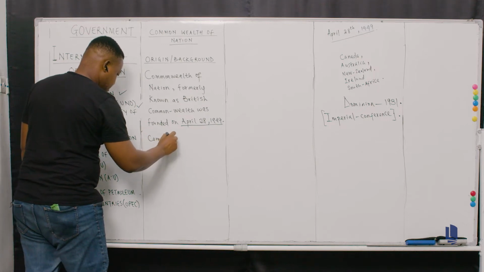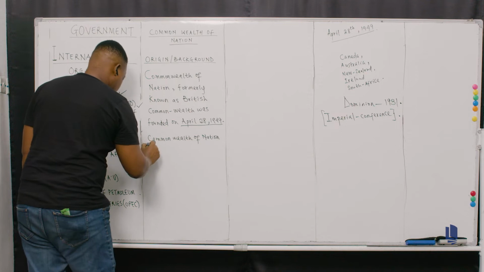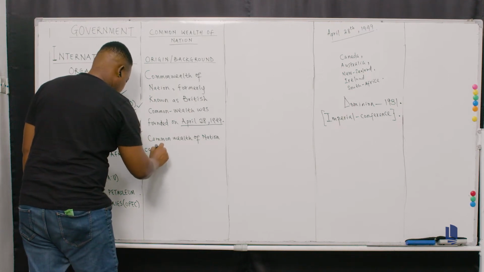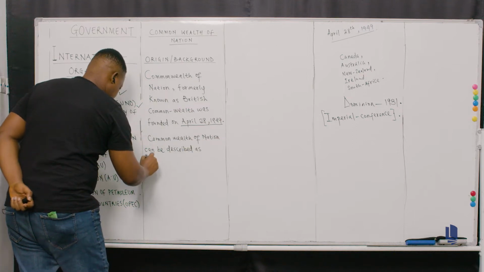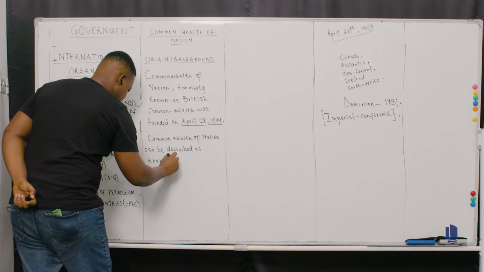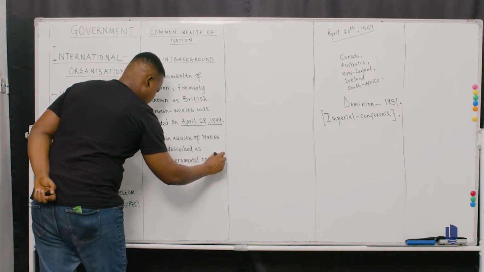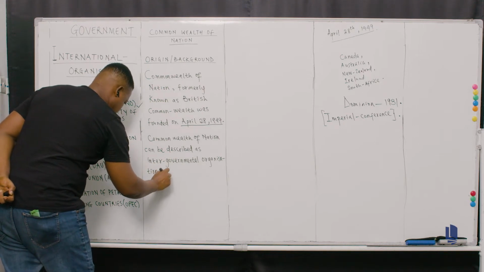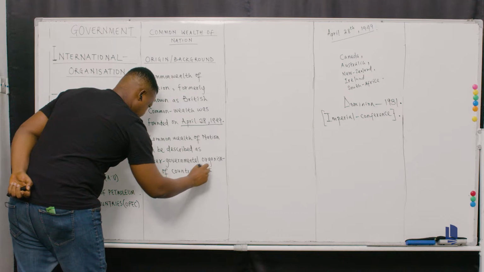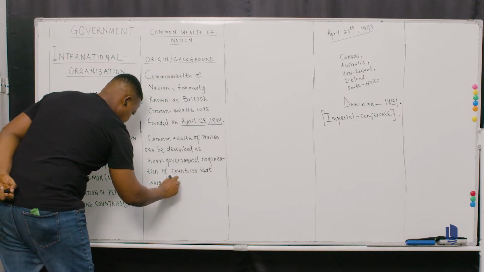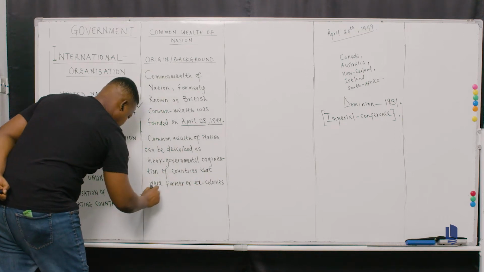Commonwealth of Nations can be described as an intergovernmental organization of countries that were former or ex-colonies of Britain.